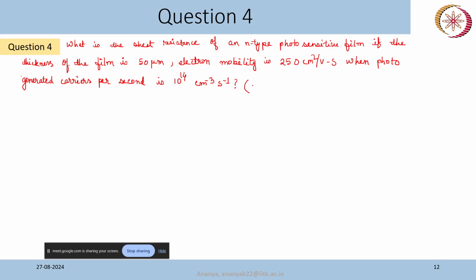And another information is half-life of electron is 0.8 second.